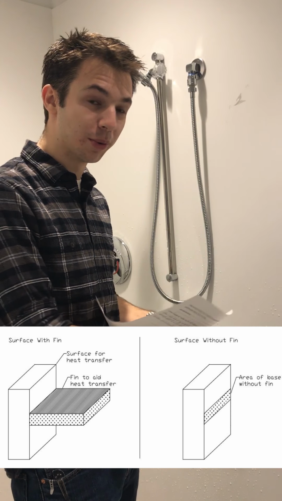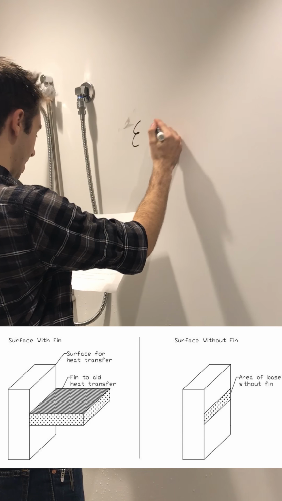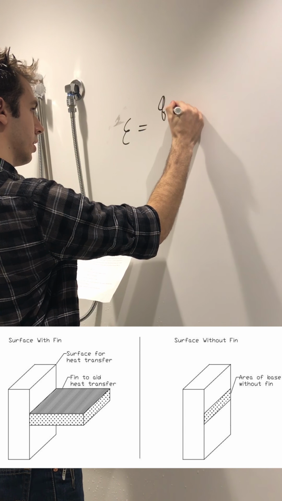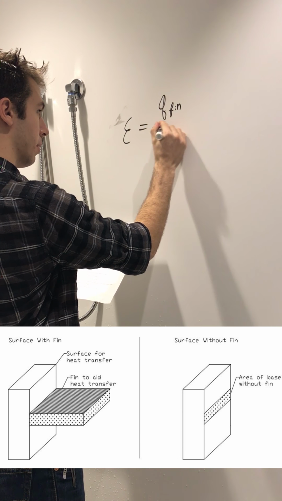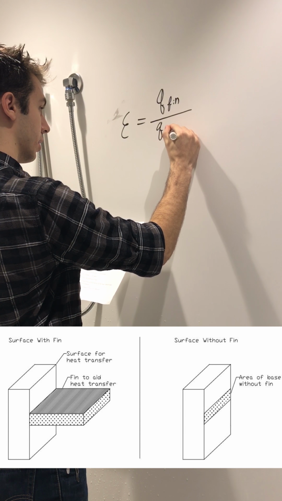So, we will define efficiency as the Q of our fin divided by the Q that would occur without the fin.